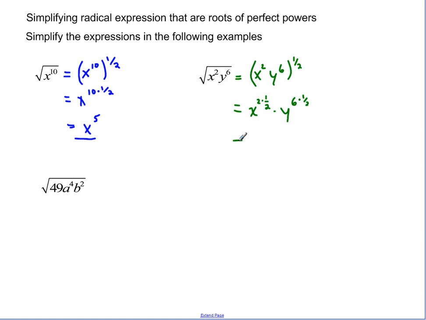Well, you certainly recognize what's going to happen here. 2 times 1/2 is just x to the 1st power. y to the 6 times 1/2, 6 times 1/2 becomes 3. Or we might just write it as x y to the 3rd as our answer here.